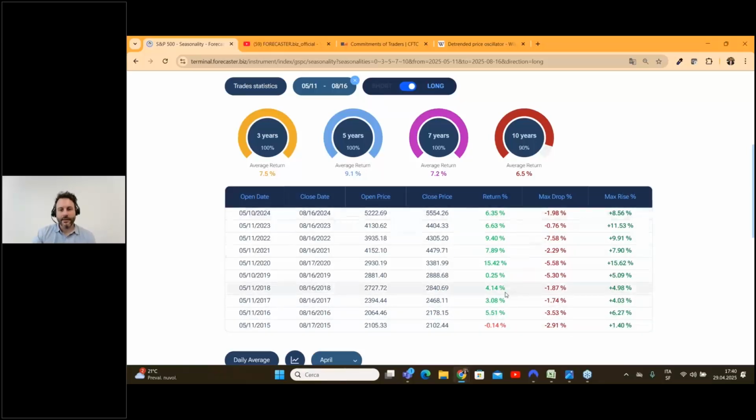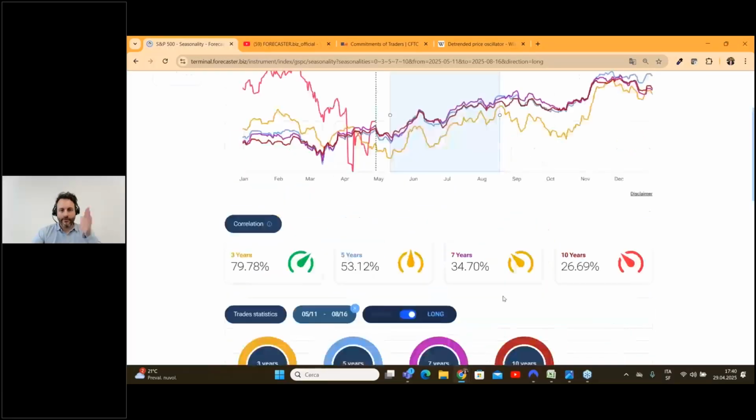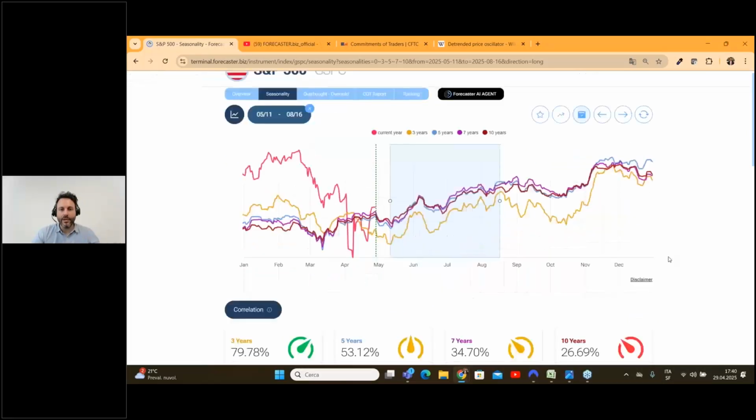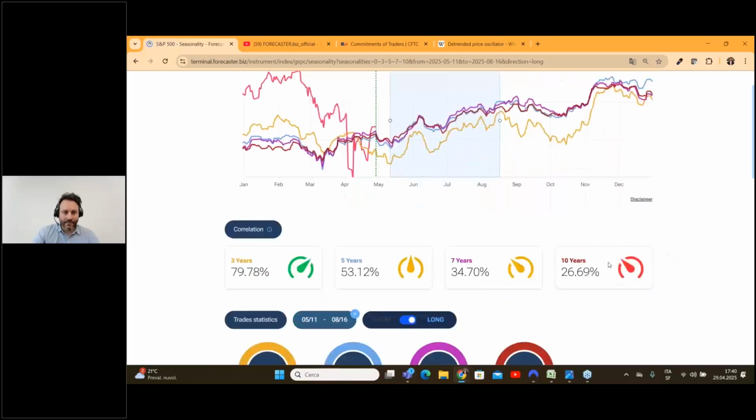Okay, so in this case, we know that in this specific period we have a very bullish probability. And at the moment, we also know that prices are moving very, very close to how they moved in the last 3 years on average.